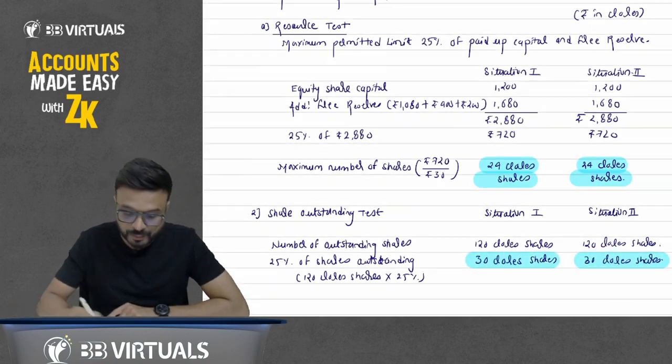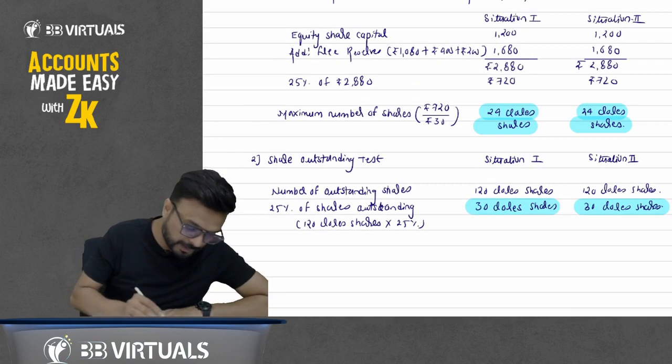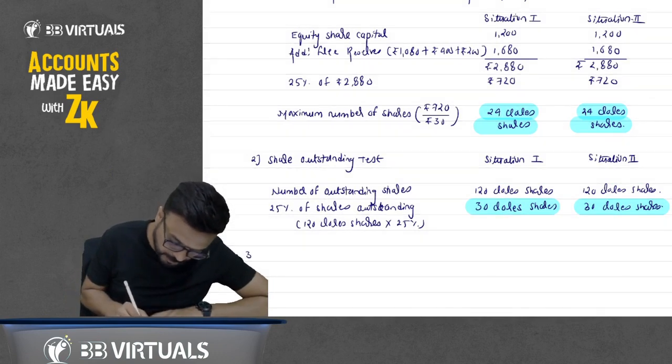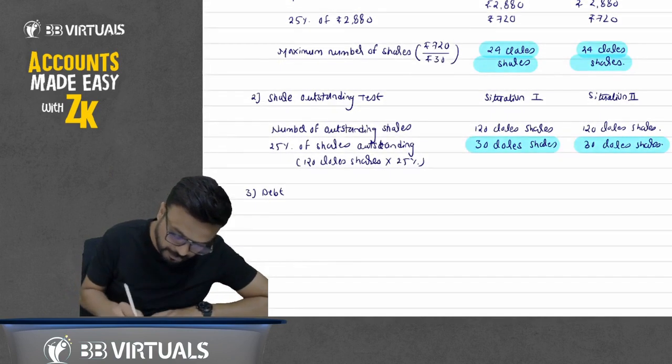Now third is debt equity ratio test. Write down the third point, debt equity ratio test.